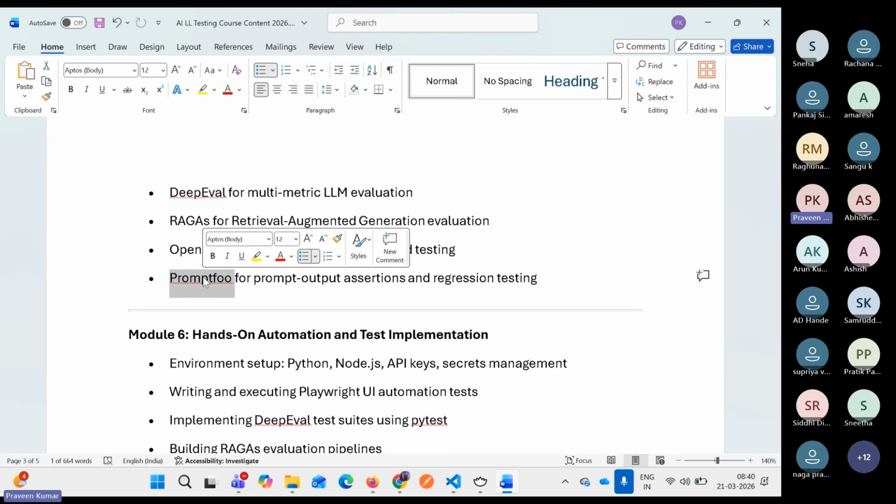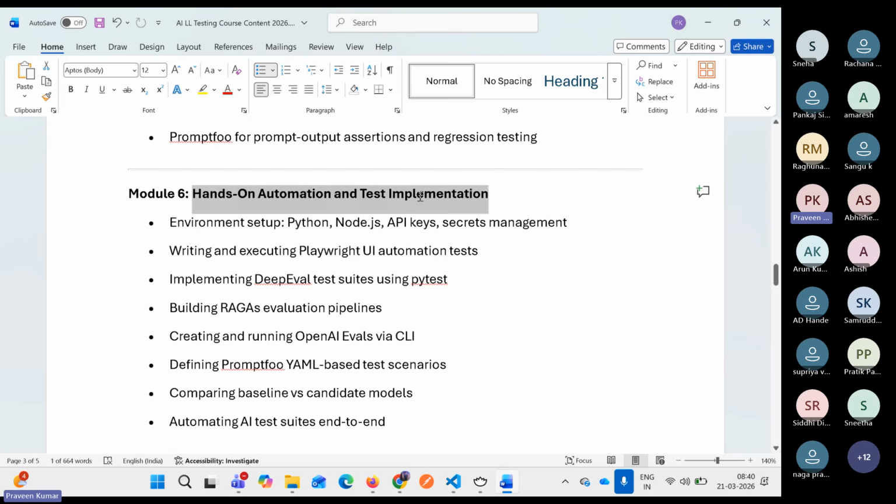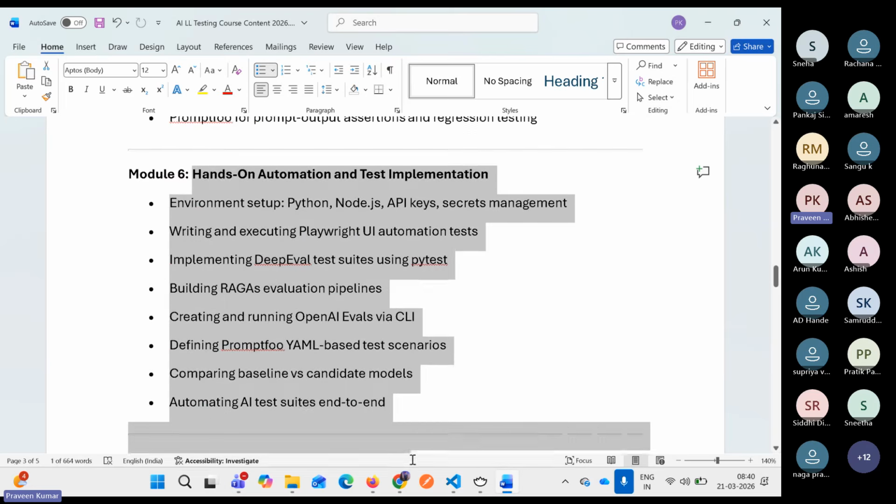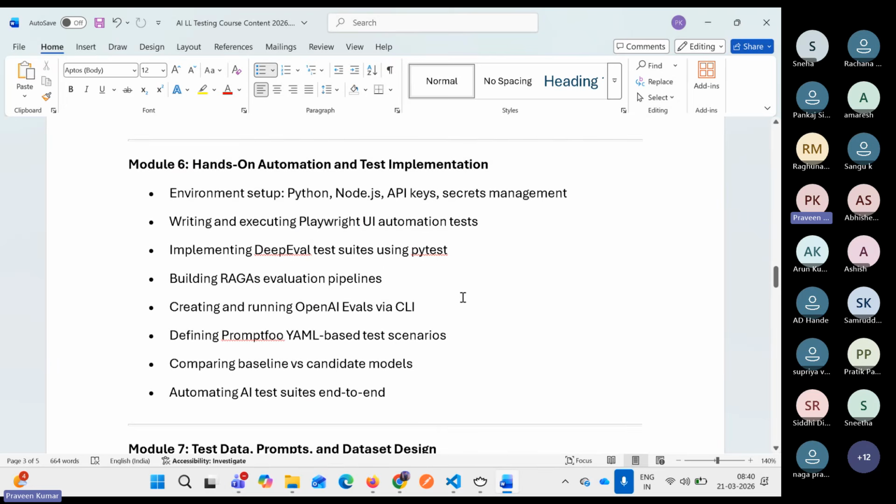You do not have to learn any other library again and again to test AI LLMs. These are the three most powerful tools available for testing LLMs, and then we do hands-on test automation implementation, going through different metrics that we have talked about, like bias, relevancy, contextual precision, and so on.